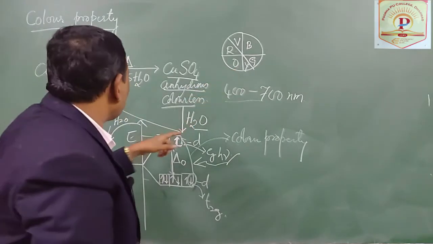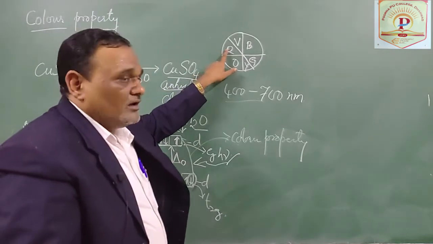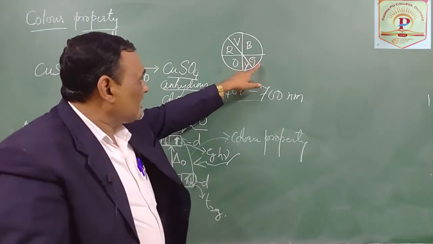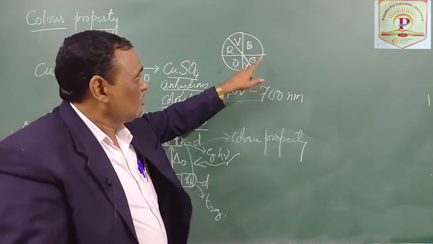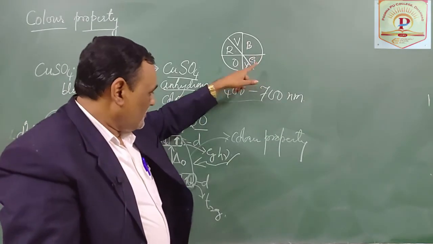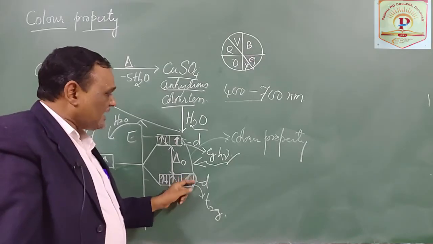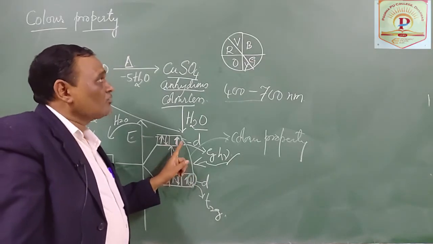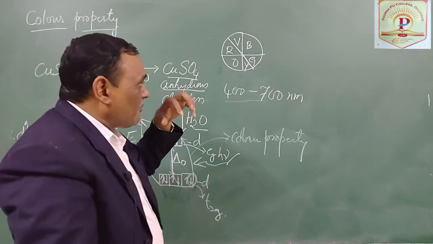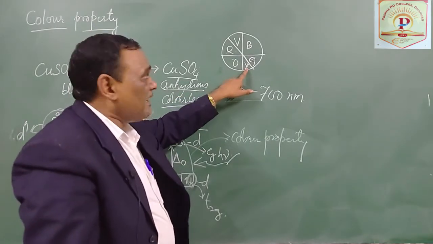If I am seeing red color, it means absorption of light in the green region. So the green region light, when absorbed by the electron, excites it to the higher energy d orbital, so it will show the red color. If a particular material shows yellow color, then it absorbs in the violet region.